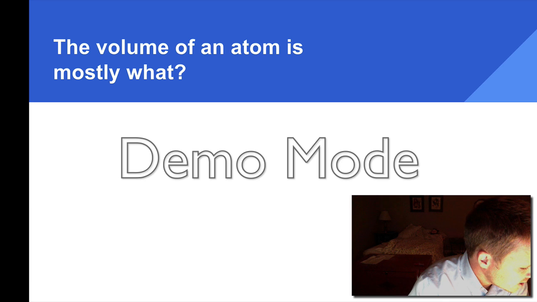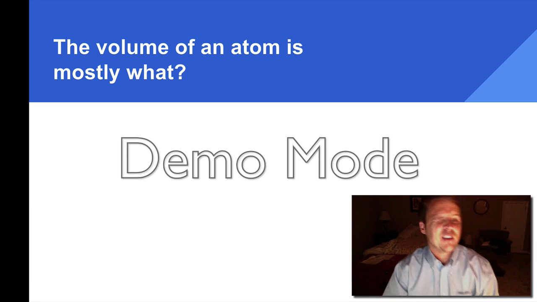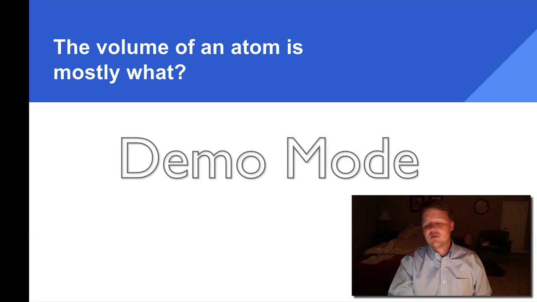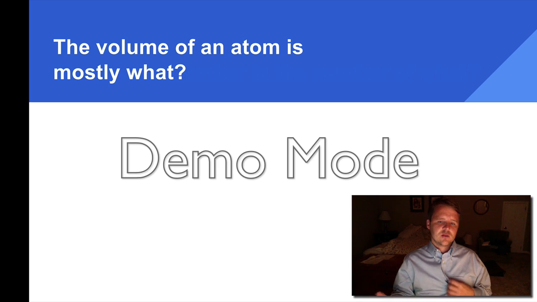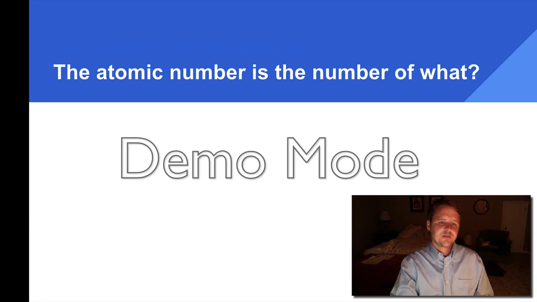It's basically empty space. The vast majority of it is, because you have your electrons orbiting a nucleus, but in between the electrons and the nucleus is vastly empty space.